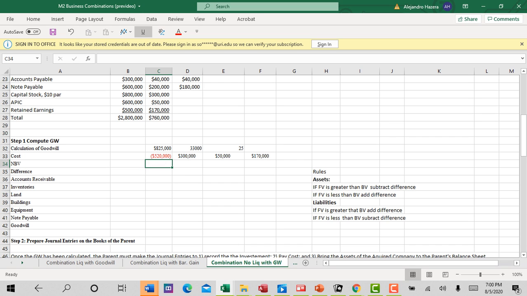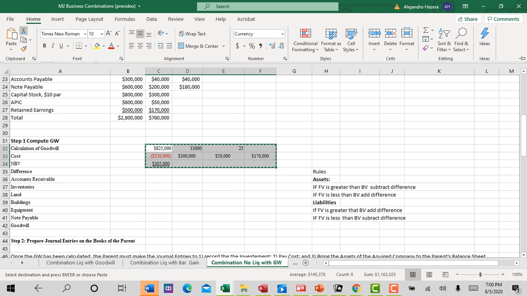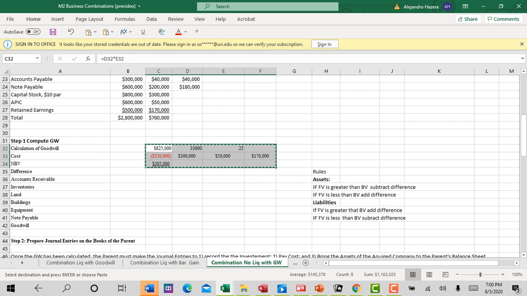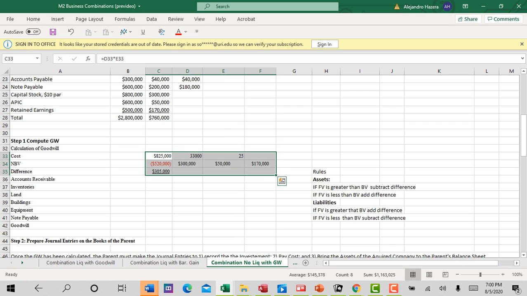We're paying $825,000 for a company with a net book value of $520,000. So add the two together. You're going to get 305,000 as your difference, and I should line this up. I should move the whole thing down to here.